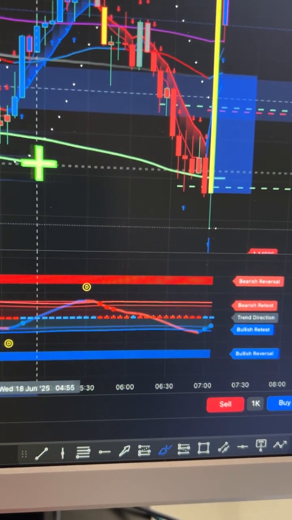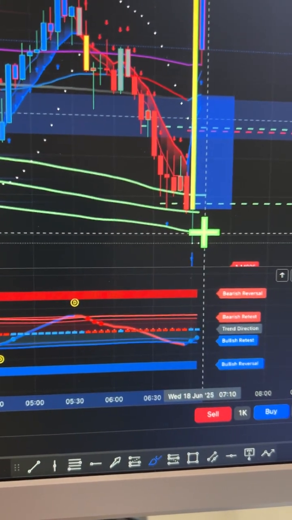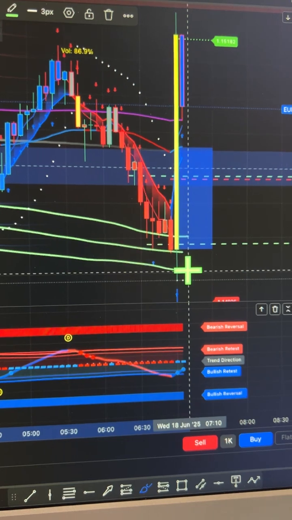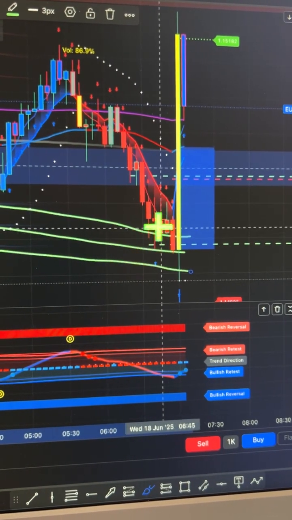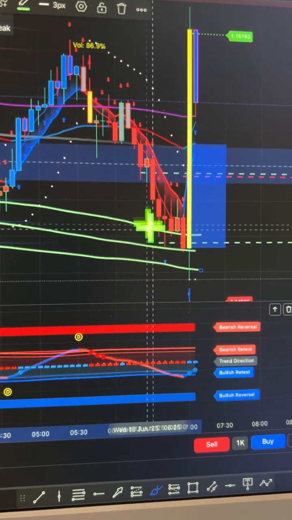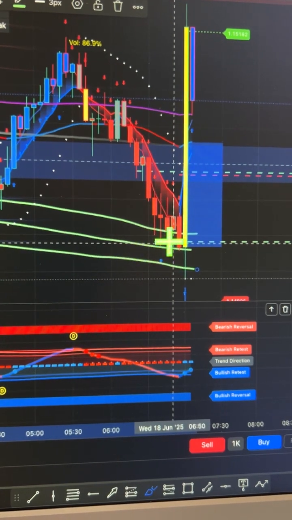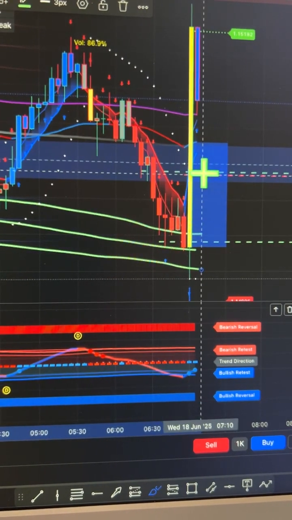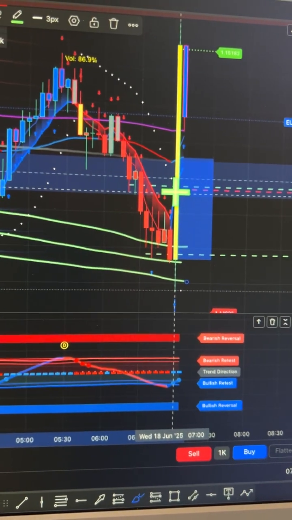There's our Bollinger Band reversals, and we're right in there, guys. So we are expecting a reversal. Don't forget, follow the rules. So if you did get around this area here, you were hitting TP2 and you're in the reversal area. If you got out here, it would have been a good exit. But if you didn't, that stop loss there would have protected you and you would have taken TP1.